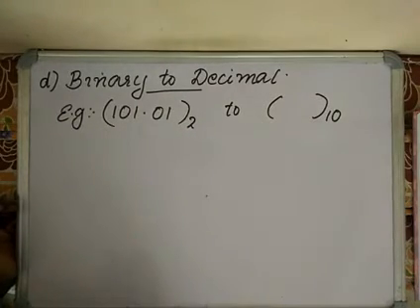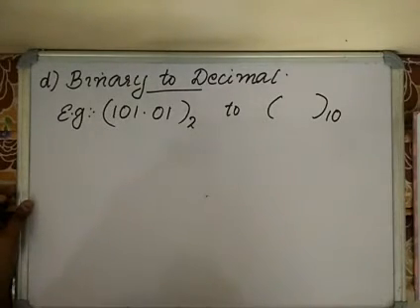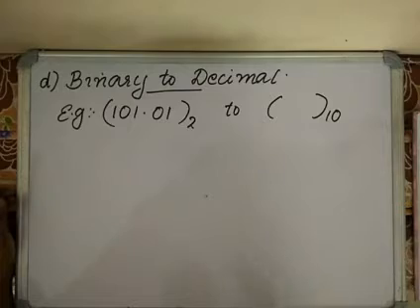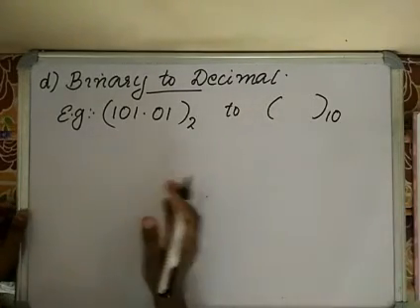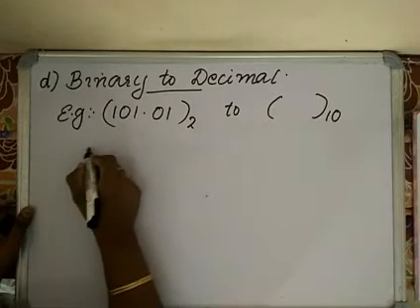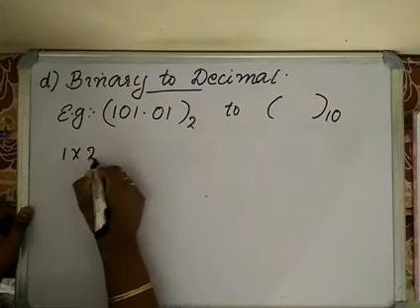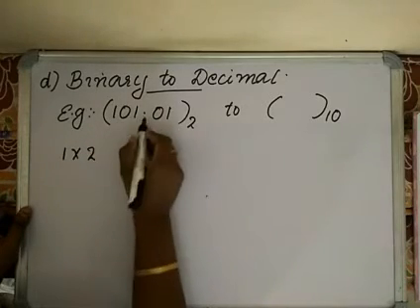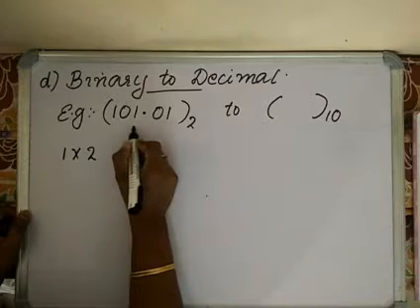Each digit is multiplied by powers of 2. Okay, we are converting binary to decimal, so each digit is multiplied by powers of 2. I have already mentioned in the previous session that we consider the exponents from the decimal point.